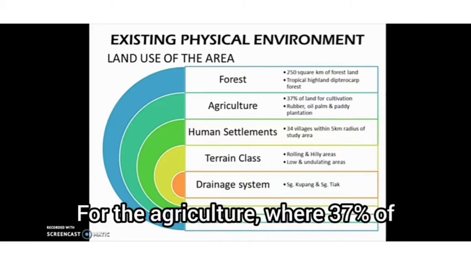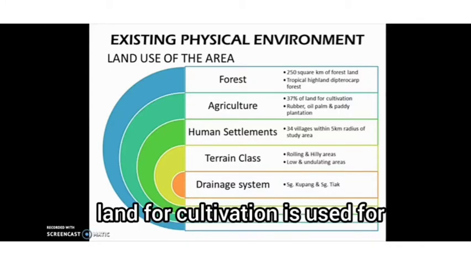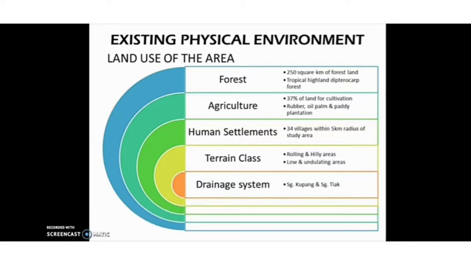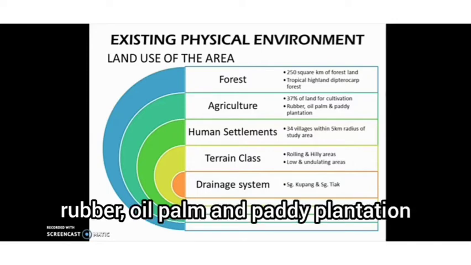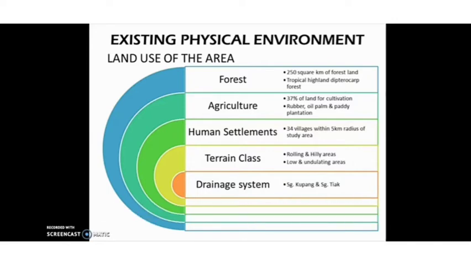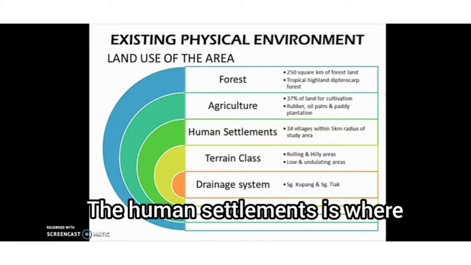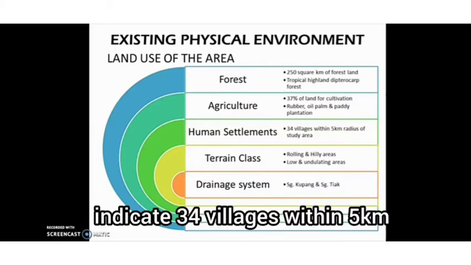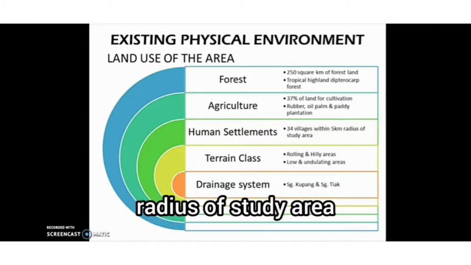For agriculture, 37% of land for cultivation is used for rubber, oil palm and paddy plantation. The human settlement indicates 34 villages within the radius of the study area.